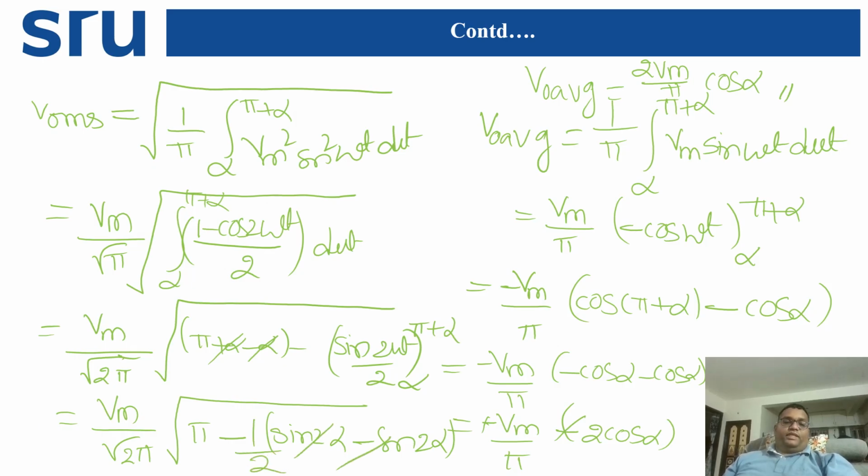Sine 2 alpha gets cancelled, root pi gets cancelled. Finally, V naught RMS is equal to Vm by root 2. So for the full wave controlled bridge type model, V naught RMS is equal to Vm by root 2, but the average output voltage is 2 Vm by pi cos alpha.